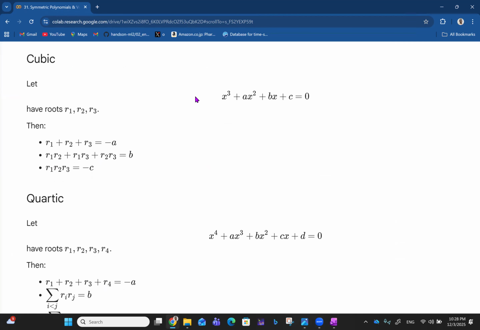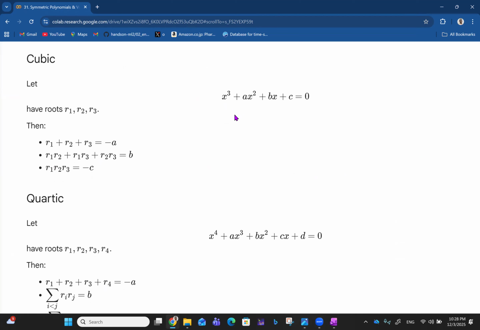So for the cubic monic type, we have x cubed plus ax squared plus bx plus c equals 0. Normally, if it's not monic and the coefficient of x cubed is a, for instance, that would have been ax cubed plus bx squared plus cx plus d equals 0. But here we are taking the coefficient of x cubed to be 1, assuming that we have divided through by a.